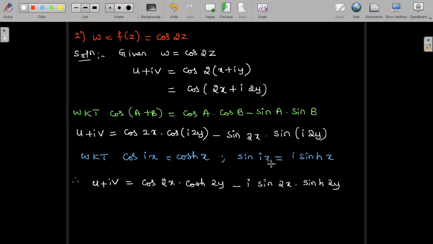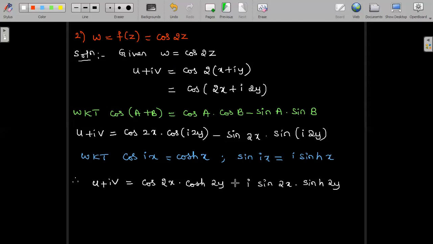Let me explain this. We have sin of i2y, so this is giving me i into sin hyperbolic 2y. And of course, this is a minus sign. Let us not get confused.